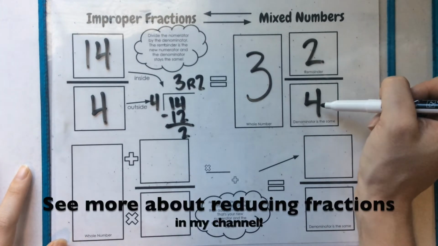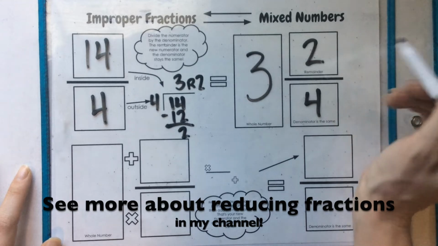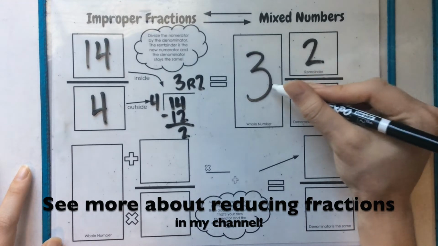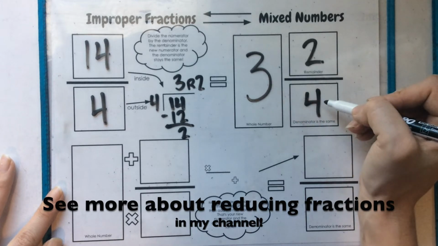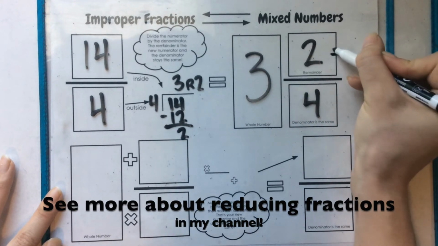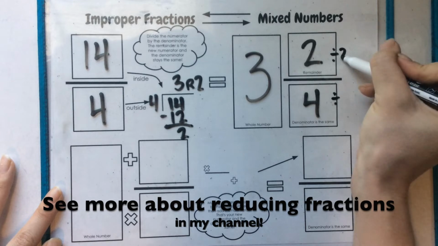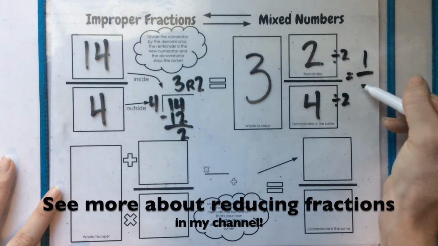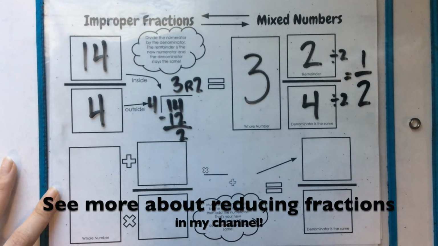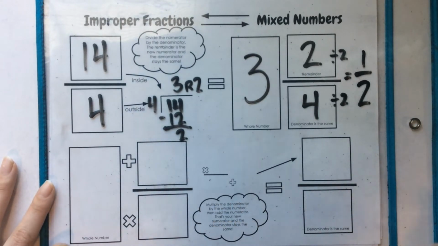So I know that 2 fourths is equal to 1/2. So really, this mixed number is 3 1/2 because we have to simplify our fraction by dividing it by 2, equaling 1/2.